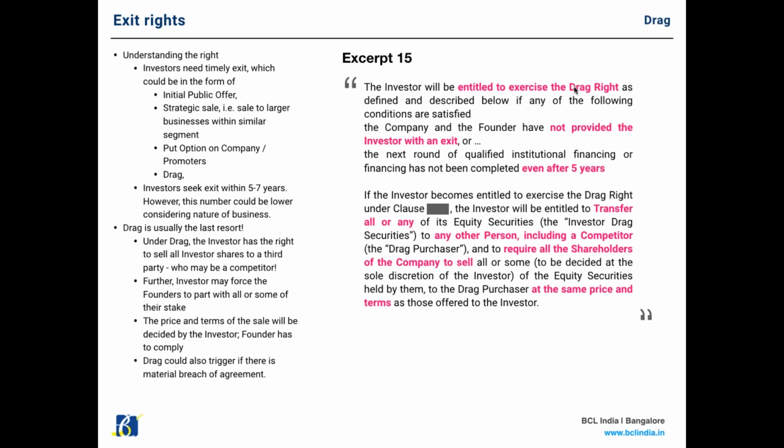Now, this is an excerpt again, and the investor will be entitled to exercise drag as defined, and so on and so forth. But the company and the founder have not provided the investor with an exit or the next qualified round even after 5 years. So, which is when the drag clause gets activated, and the promoters are bound by the terms that the investor will agree with the third party.